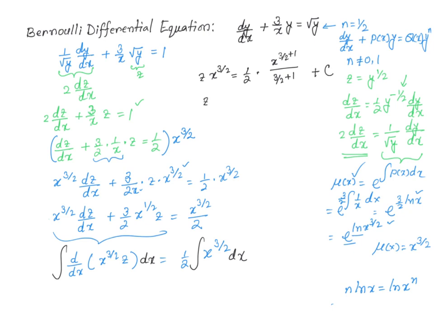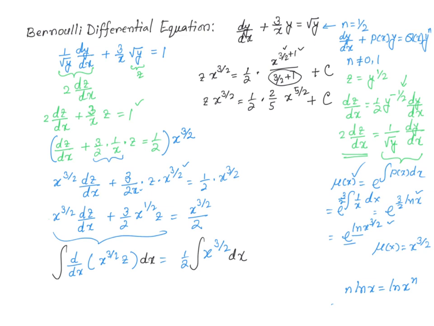Let me simplify it further. z times x to the power 3 over 2 is equal to 1/2 times, this becomes 5 over 2, or equivalently 2 over 5 if you flip it, times x to the power 5 over 2, because if you add 1 with 3 over 2, that's going to give you 5 over 2, plus some arbitrary constant c.